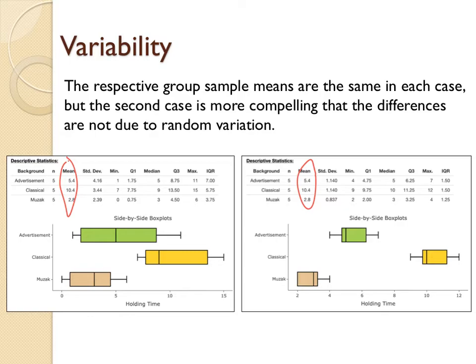That's indicated by both the standard deviation numbers here being much larger than the standard deviation numbers here, and also we can see it from the IQR numbers like we've seen before. So the spread, which is measured by these two, is much larger in the left picture than it is in the right picture, even though the means themselves are exactly the same.